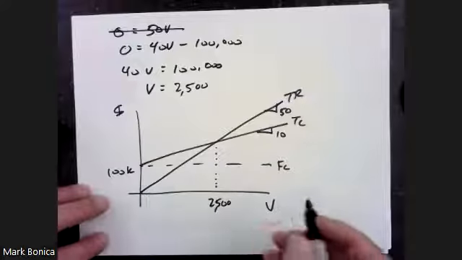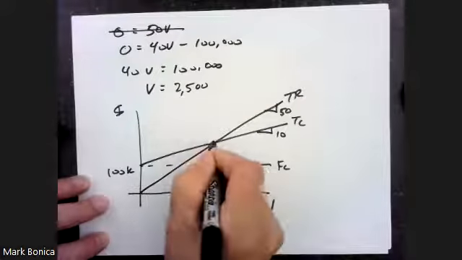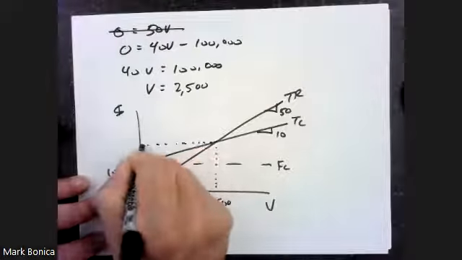What is the break-even revenue and total cost? Well, if total revenue is price times volume, and the price is 50 at the break-even point, then 50 times 2,500 gives us 125,000.